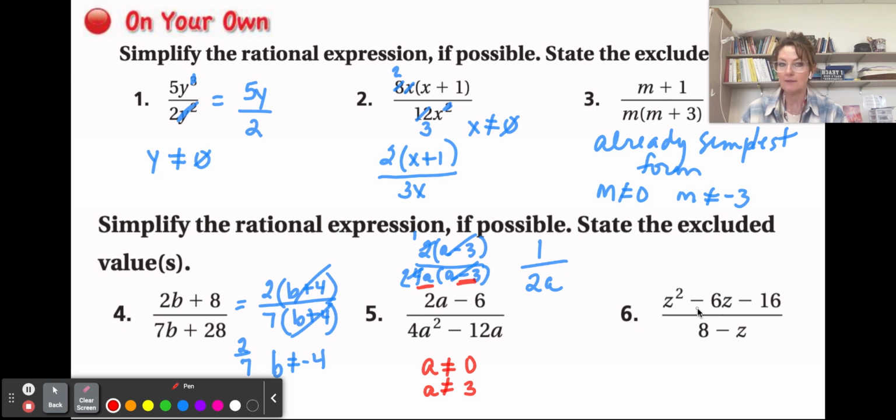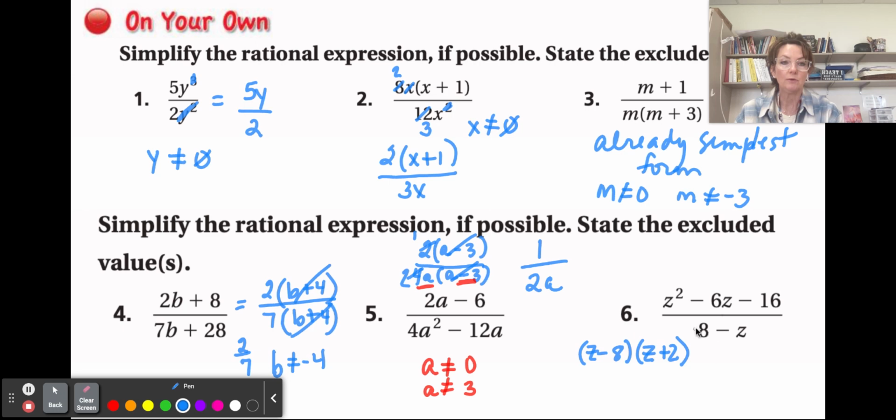And since it's negative 16, one of them is negative and one of them is positive, which means between the 8 and the 2, we'd be finding the difference. That's where we get the 6. Since 6 is negative, the 8 had to be negative. So we would have z minus 8 times z plus 2.